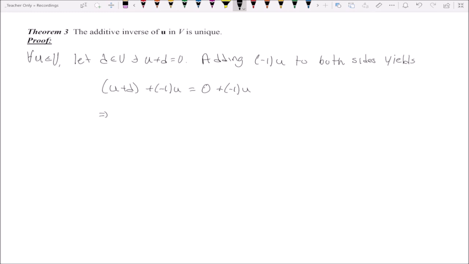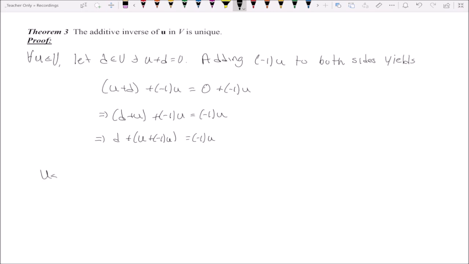This would then lead to d plus u plus minus 1u is equal to just minus 1u, right? Because 0 is the additive identity. Grouping doesn't matter, so I can write this, d plus u plus minus 1u. That is equal to minus 1u.